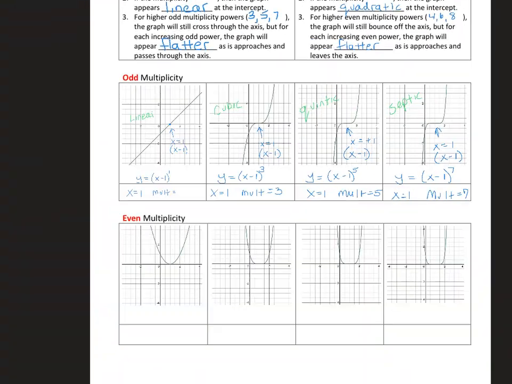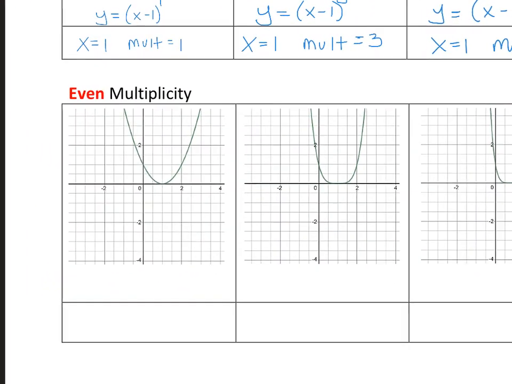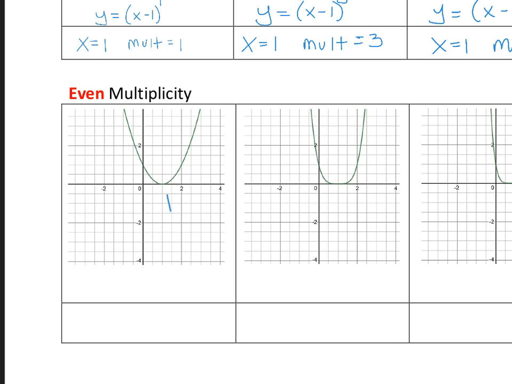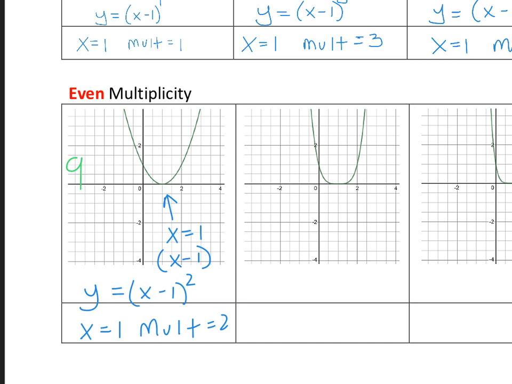All right, so if we zoom in here on some evens, we see an x-intercept again at positive 1, which will give us an x minus 1 factor, and this is quadratic. Raised to a power of 2, so this is x equals 1, multiplicity of 2, and it's just a parent function, a quadratic, translated to the right 1 unit.